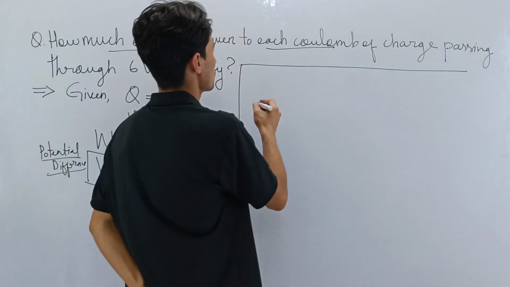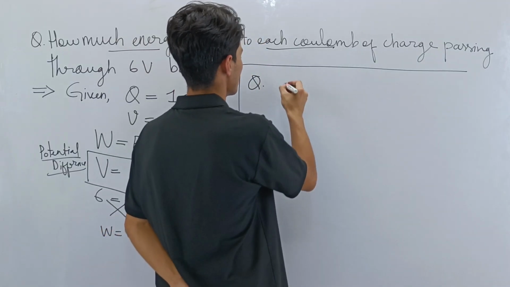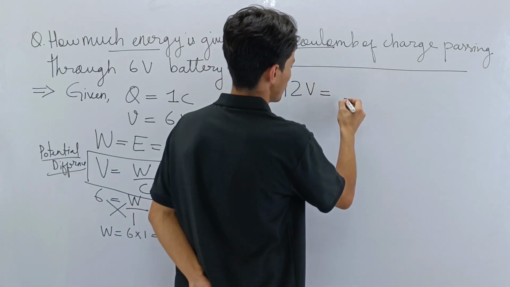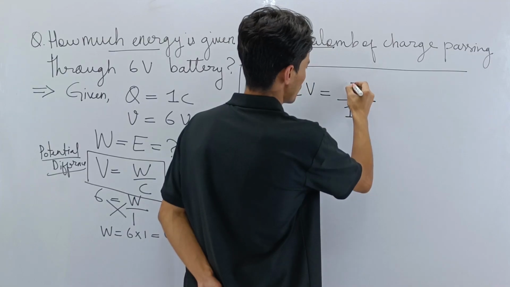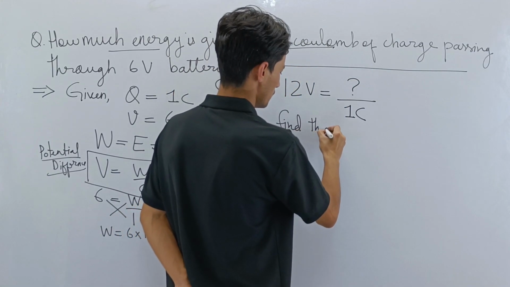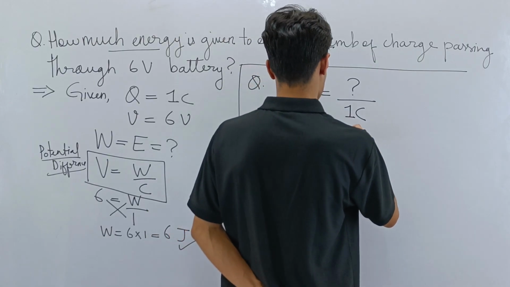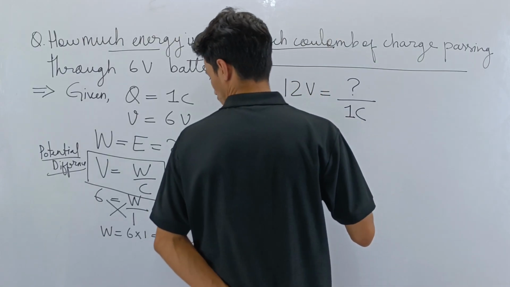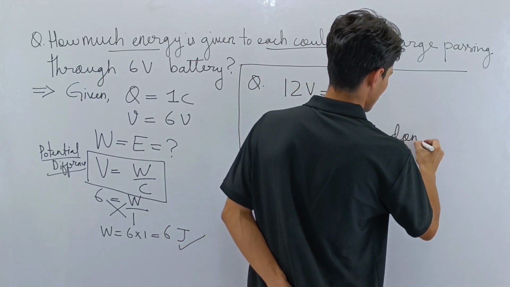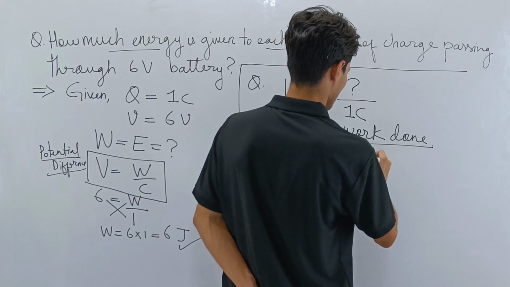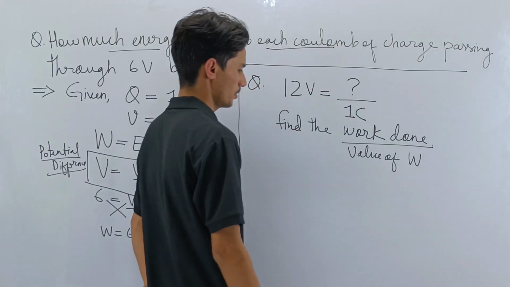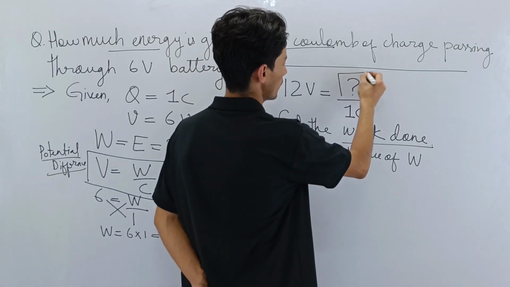So the question: if the potential difference is 12 volts, then find the work done, which is the value of W. What will be the value here?